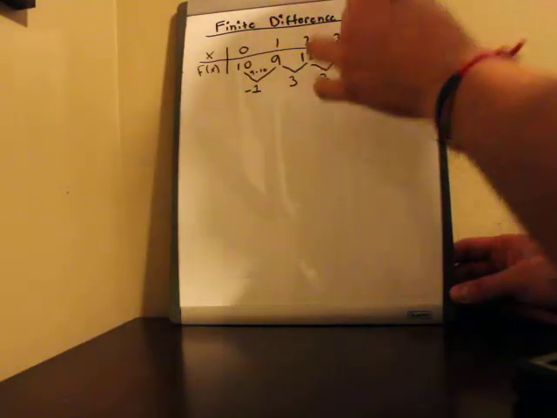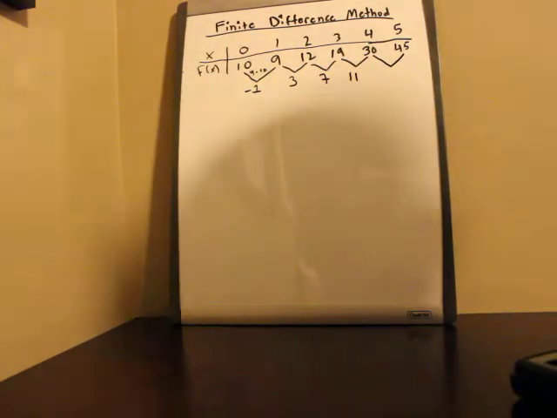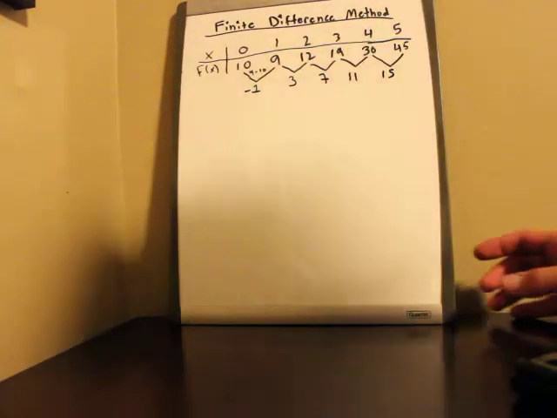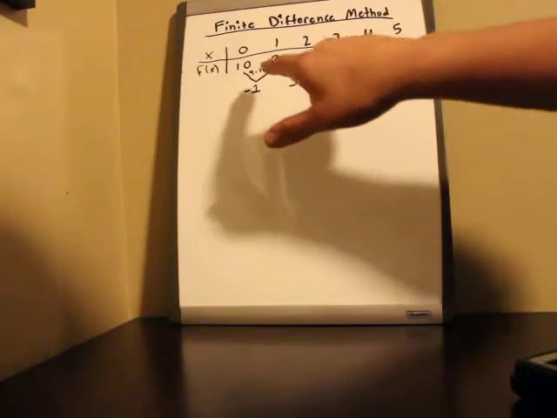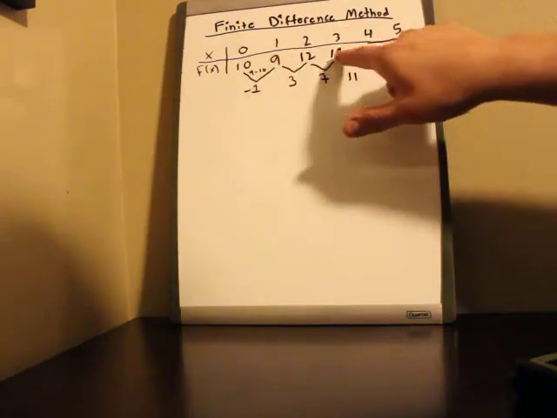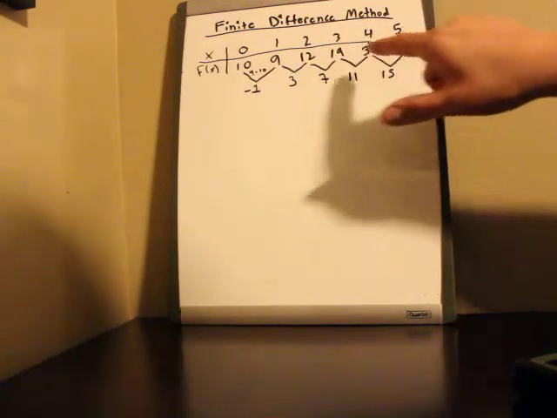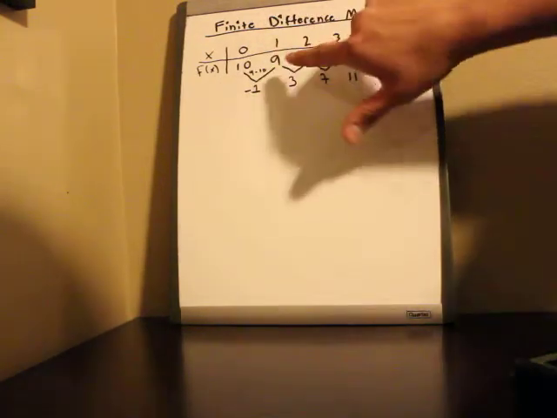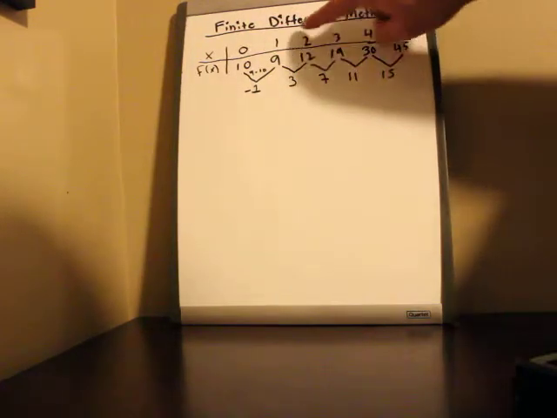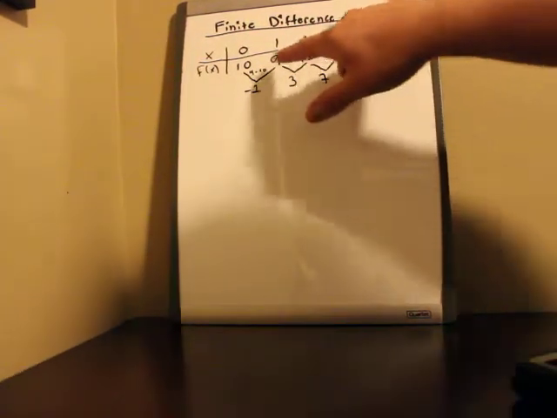And then 45 minus 30, which gives us 15. So in this problem, we're basically doing 9 minus 10, 12 minus 9, 19 minus 12, 30 minus 19. We always take our second input and subtract the previous one. Then we take this input, which is 12, subtracted by 9.